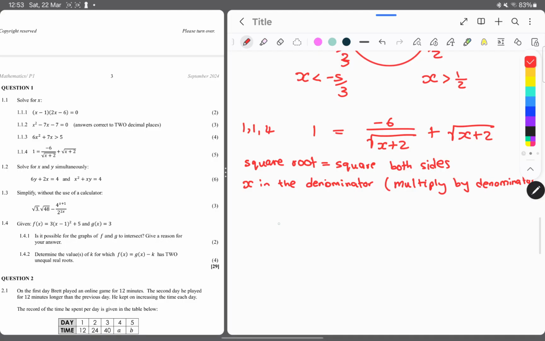Now, if I multiply everything by the denominator, 1 times square root of x plus 2 equals minus 6 over square root of x plus 2 multiplied by square root of x plus 2, plus square root of x plus 2 multiplied by square root of x plus 2.